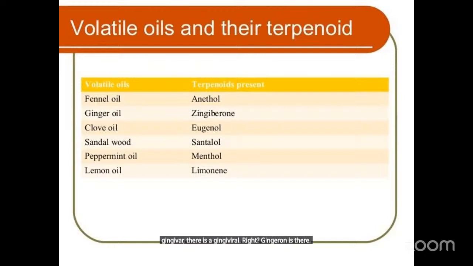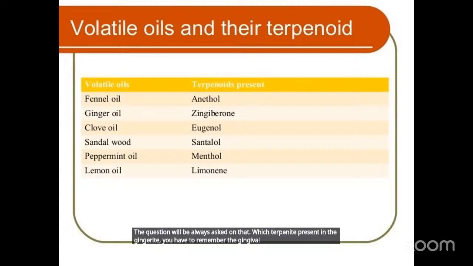Then clove oil, in the clove oil there is eugenol, right? And sandal oil, there is santalol. Okay. Then peppermint oil, menthol, lemon oil, limonene. Again, whatever terpenoids are present, the question will always be asked on that. Which terpenoid is present in the ginger oil? You have to remember the ginger oil. Which terpenoid is present in the lemon oil? So there is limonene.